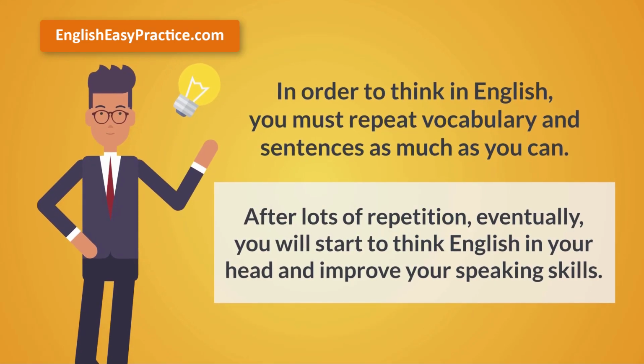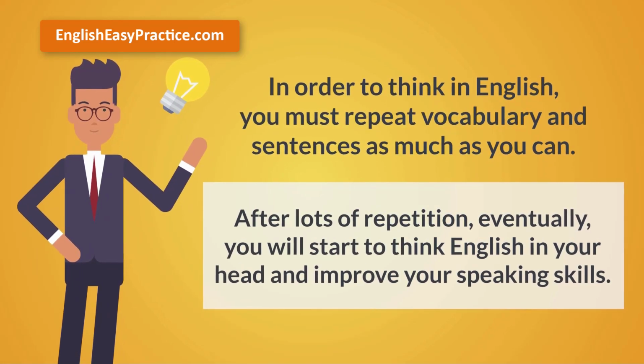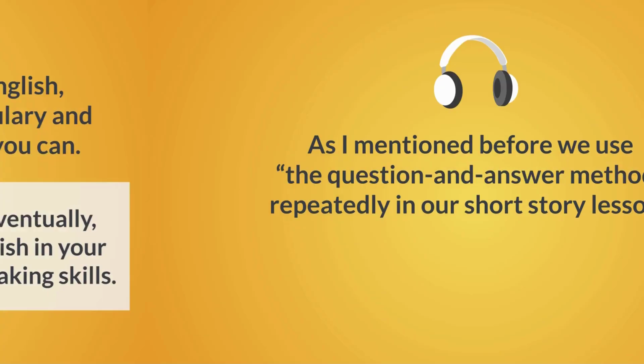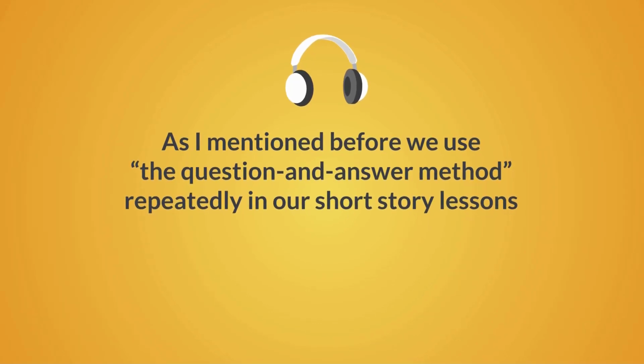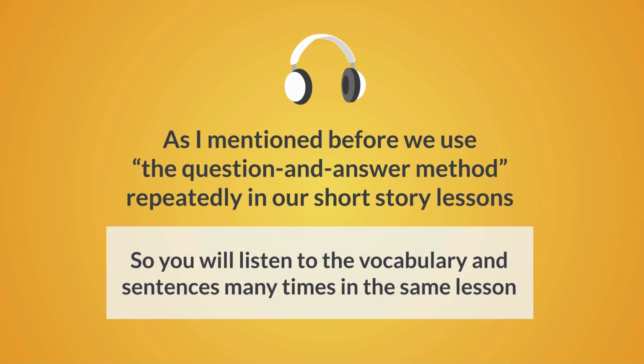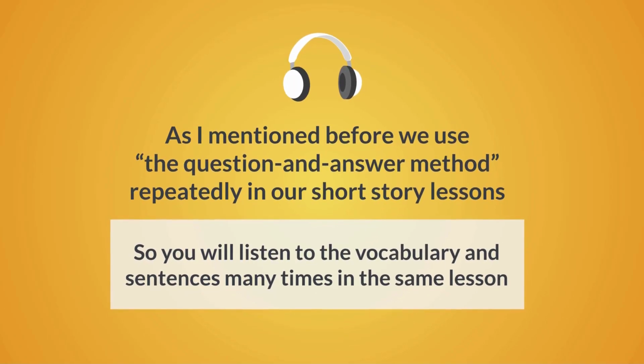After lots of repetition, eventually you will start to think in English in your head and improve your speaking skills. As I mentioned before, we use the question and answer method repeatedly in our short story lessons. So you will listen to the vocabulary and sentences many times in the same lesson.